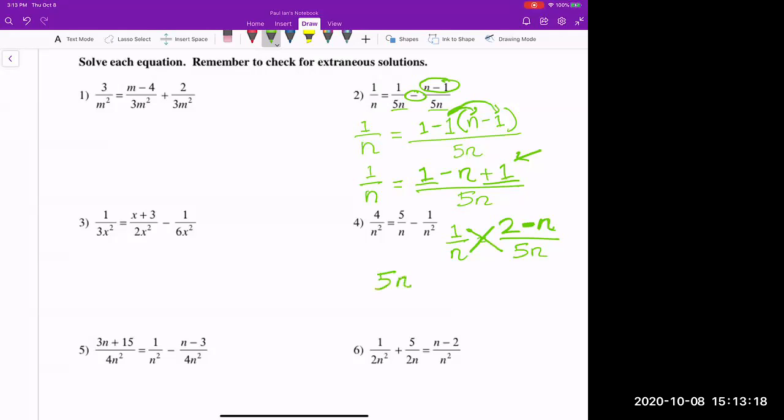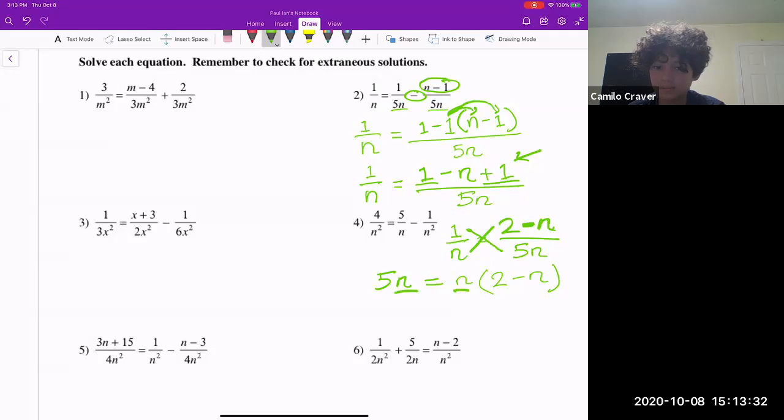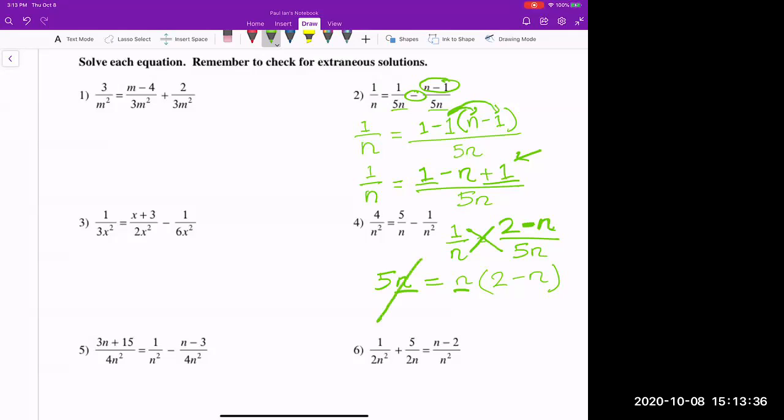And then 5n, right? And then n, 2 minus n. What can I do with the n? Distribute them. Cross them out, because they're on both sides, right? Yeah. Same thing. You could technically just multiply this by 1 over n.